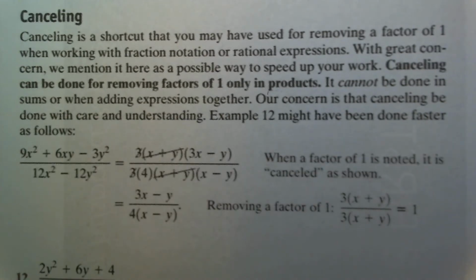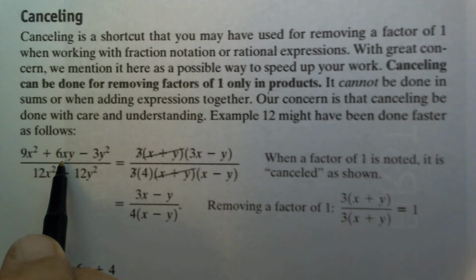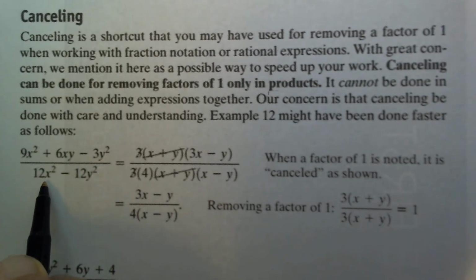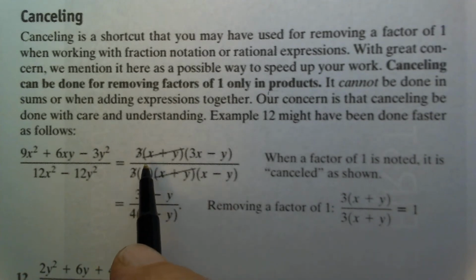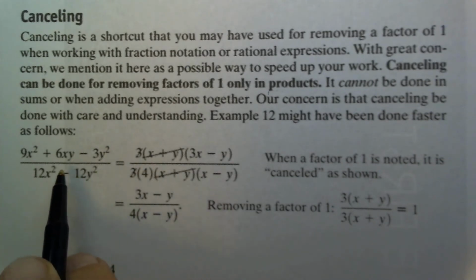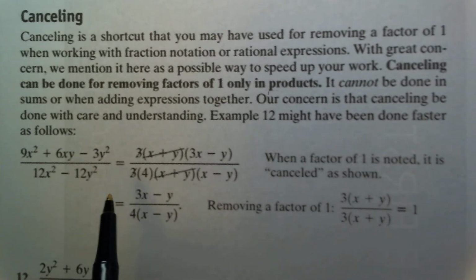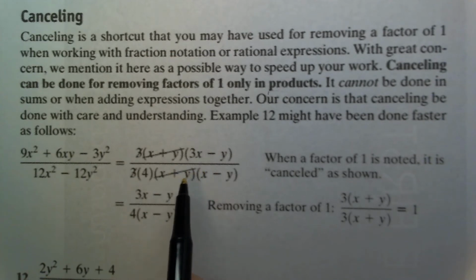The following example shows you how it's done properly. And so you look at the rational expression, 9x squared plus 6xy minus 3y squared divided by 12x squared minus 12y squared. So what's happening here, first of all, a greatest common factor of 3 is factored out in the numerator. Then the polynomial was factored into x plus y times 3x minus y.